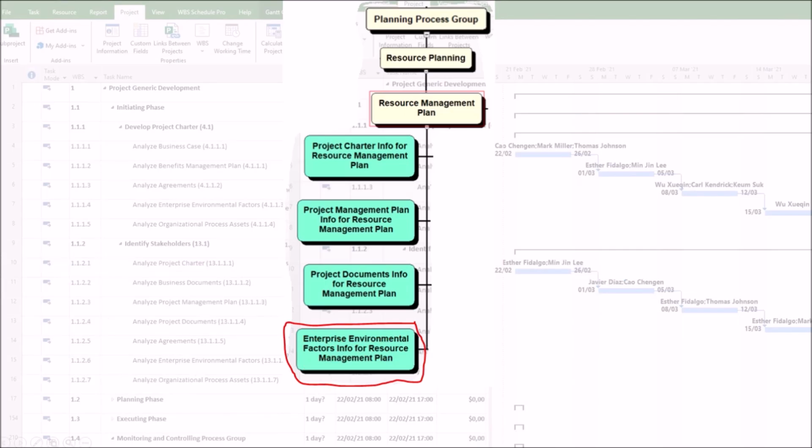In conclusion, saying that enterprise environmental factors are important is an understatement. They are the fundamental context. A project manager who fails to adequately consider enterprise environmental factors during the resource management planning process will create a plan that is, first, a theoretical plan.